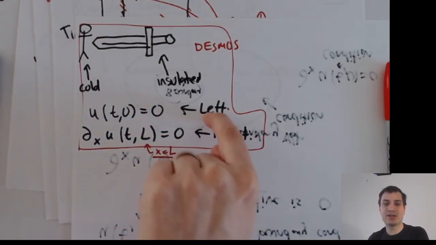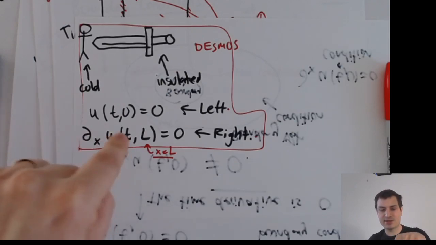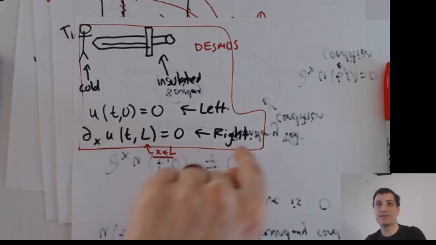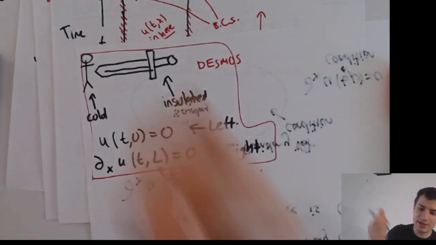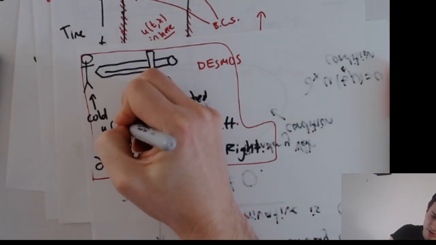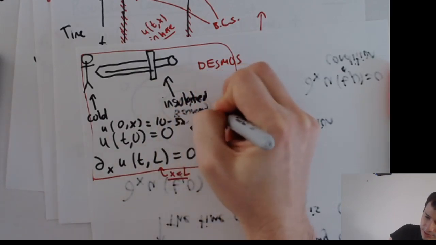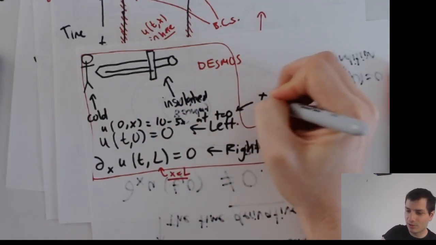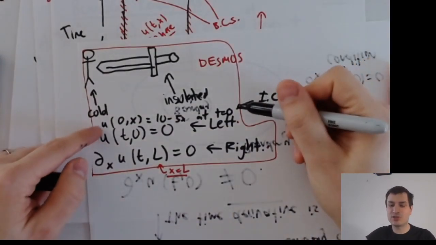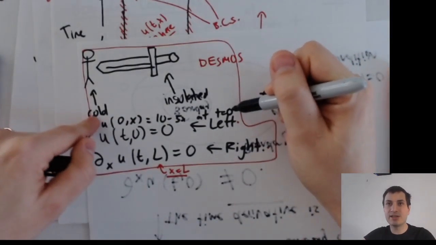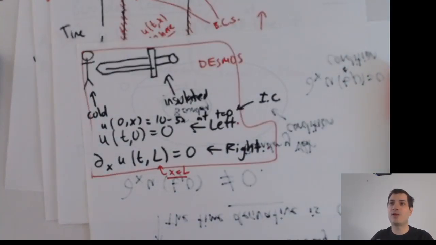That's the left boundary condition. They would have said the partial derivative in x at x equals L is 0. That's the right boundary condition. And they would have said u of 0, x is 10 minus 5x at t equals 0. That's the initial condition. So the Desmos thing is the solution to this three-ingredient thing, the initial condition and these two specific left and right boundaries.